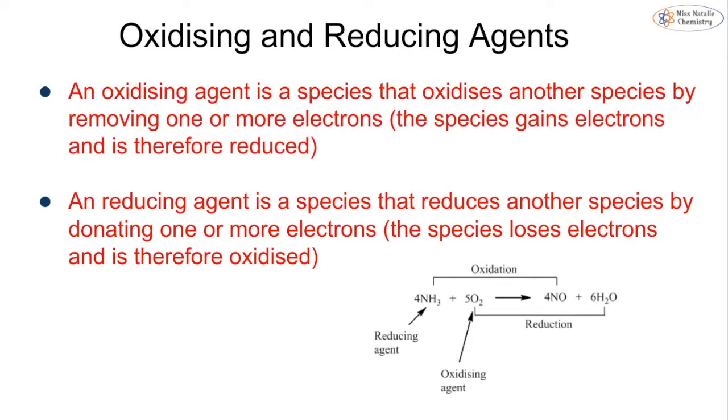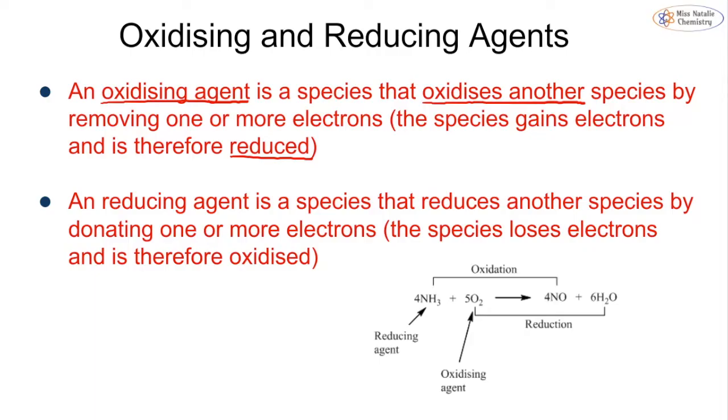So again, back in GCSE, you would have learned about oxidizing and reducing agents. So just to go back through what these are, an oxidizing agent is a substance that oxidizes something else. And it does that by removing one or more electrons. And because it removes electrons from another species, it itself is therefore reduced. So an oxidizing agent would be reduced in the reaction because it is causing something else to be oxidized.